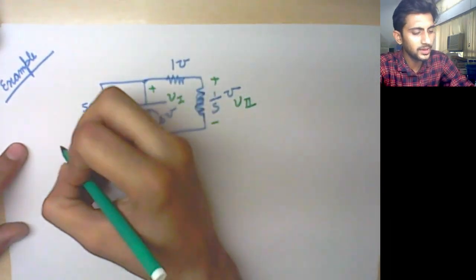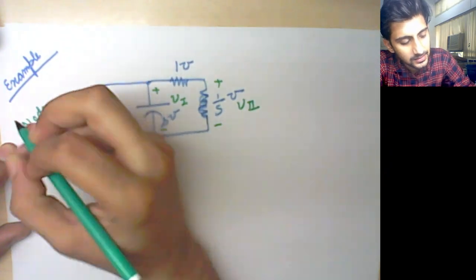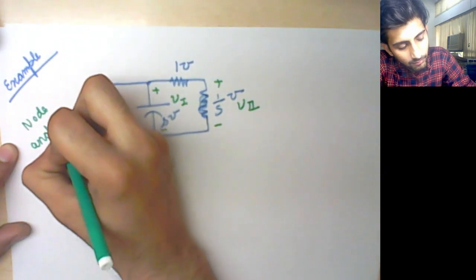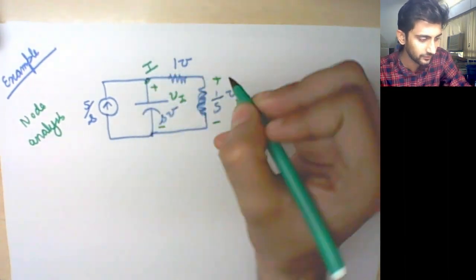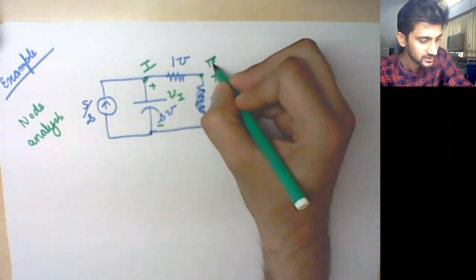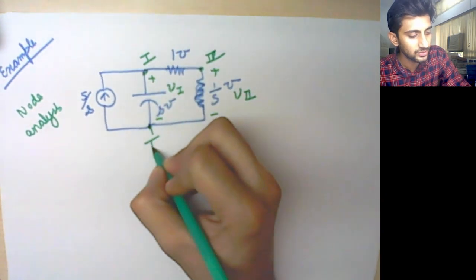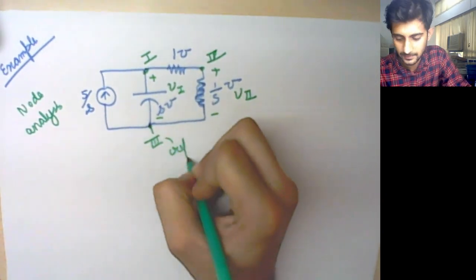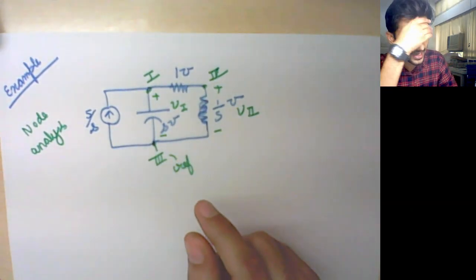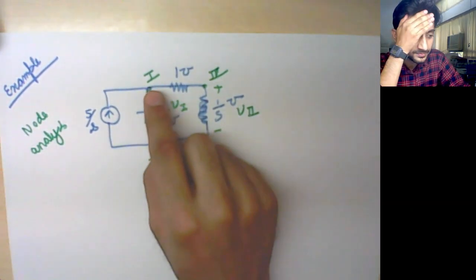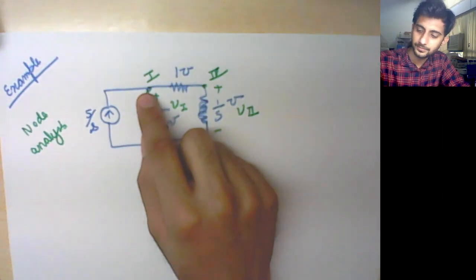Okay. So what you can do is apply node analysis and solve for V first and V second. You know that this can act as node first, this can act as node second, and this we can take as node third or as reference. When you want to apply node analysis, let's say you apply it for the first node.